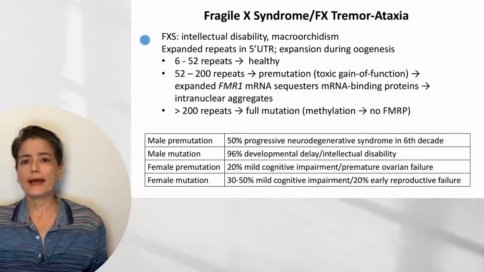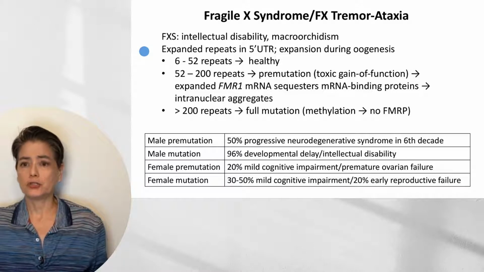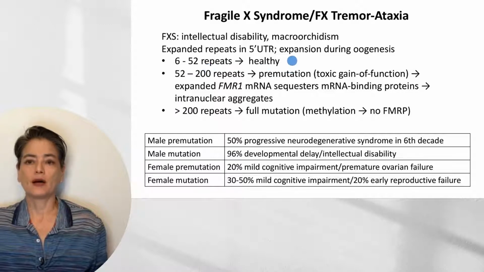Now, we learned that with Fragile X syndrome, this was due to expanded repeats in the 5' untranslated region, and expansion occurs during oogenesis. Now, as we learned about this disease, we saw that 6 to 52 repeats was a healthy individual. The average is typically about 29.